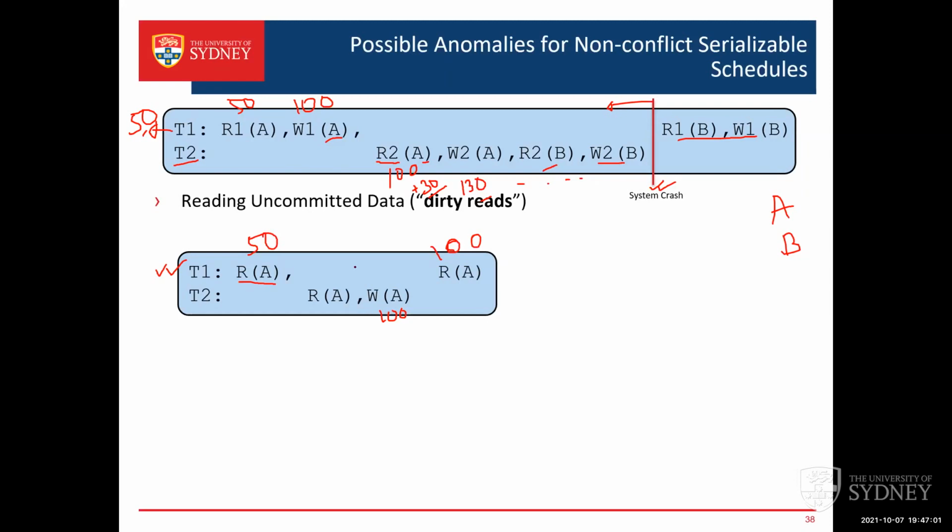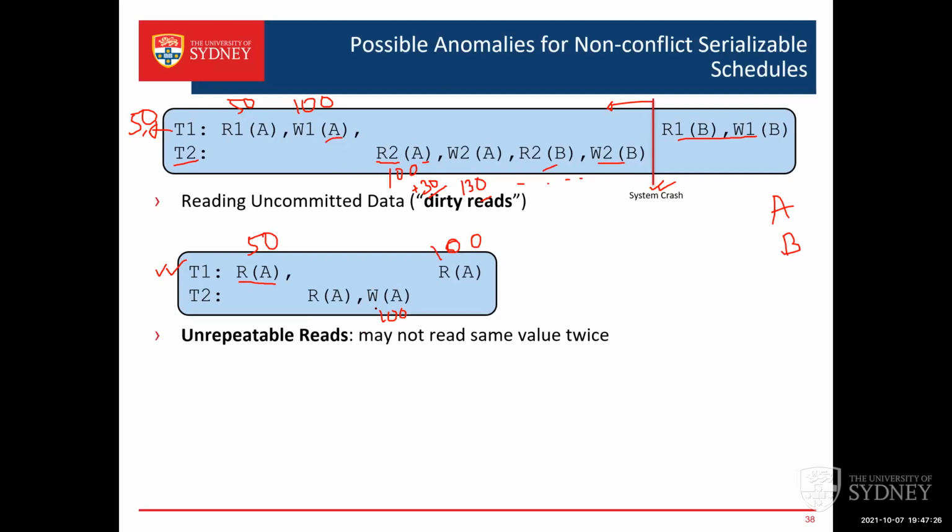Right? So T1 is seeing certain changes, although he has not performed anything. He has not done anything, but he is seeing here 50, here 100, right? So this one is known as unrepeatable read. You may not read the same value twice if we have some transaction which is writing in the meantime.